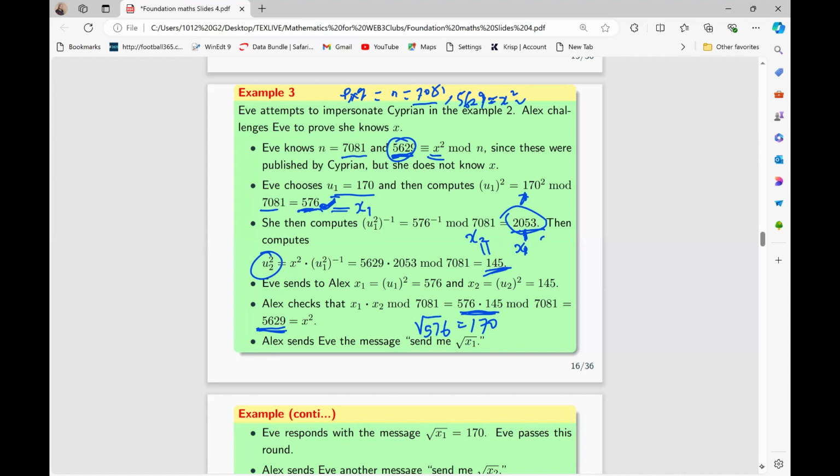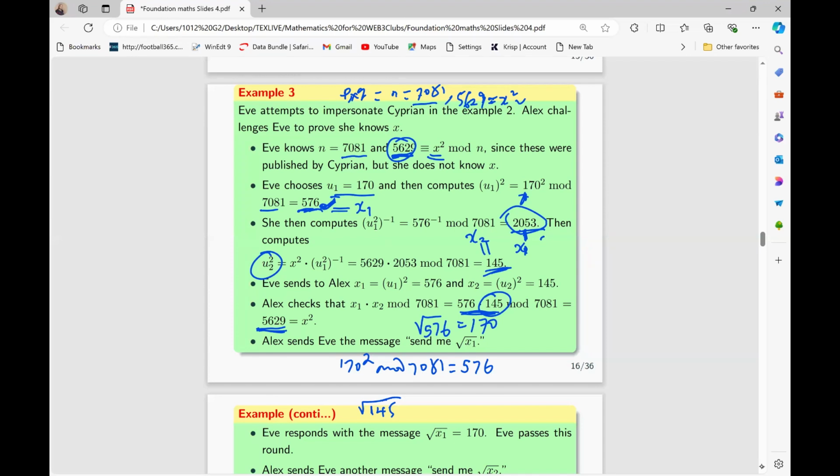She's right, because to confirm, Alex will just take 170 and square it, mod 7081, and he'll find that the answer is 576. She has scored the first question. For the second question, Alex will ask her, find the square root of 145. Give me the square root of 145.